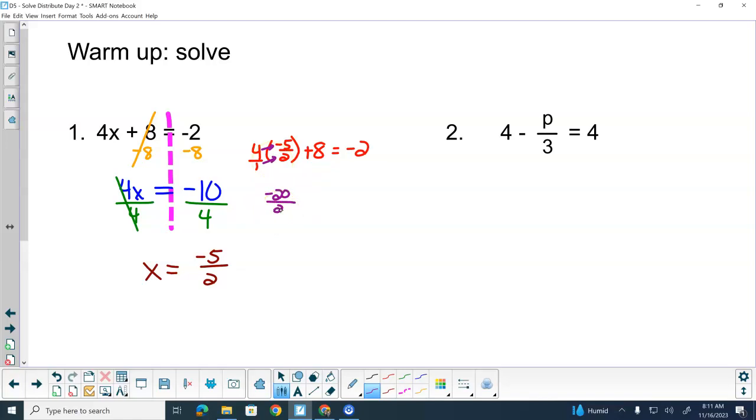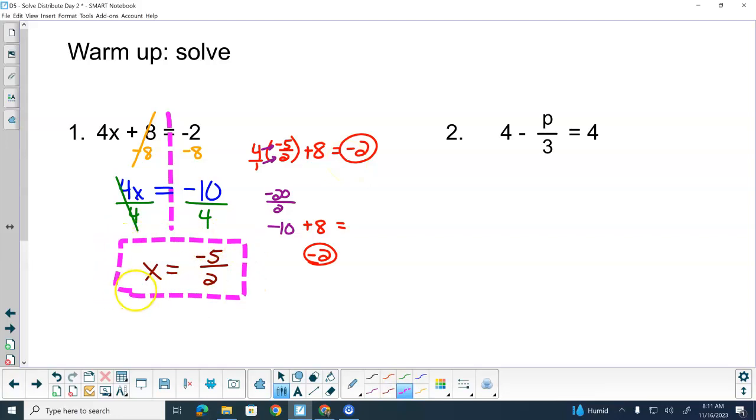What is negative 20 divided by 2? Negative 10. And then I've got to add 8 to that. Negative 10 plus 8 is negative 2. And is negative 2 equal to negative 2? Yeah, buddy, now let's brag about our work. We just nailed it. Good. All right.